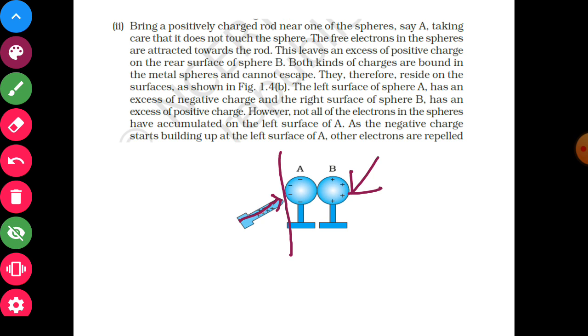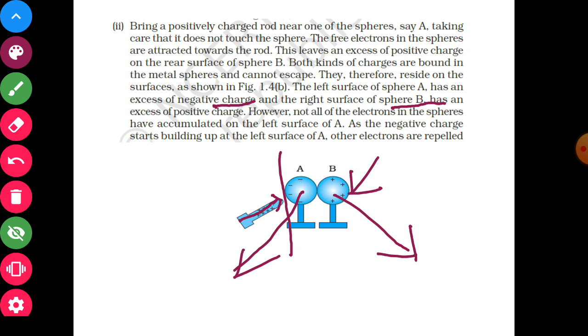Both kinds of charges are bound in the metal spheres and cannot escape. Electrons are not going to come out, and this positive charge is not going to come out. They therefore reside on the surface, as shown in figures A and B. The left surface of sphere A has an excess negative charge, and the right surface will have excess positive charge.